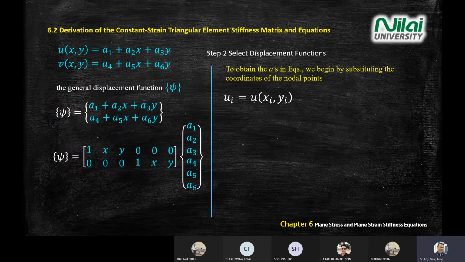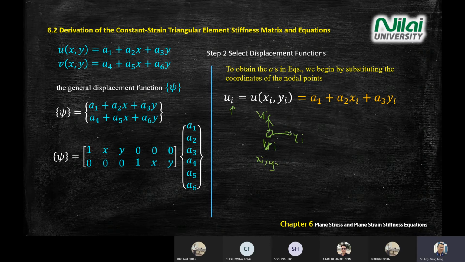You can write in this equation, meaning ui, the I point x direction displacement, it can move in x and y direction. So let's say this is your I point, you have two directions, you have ui and vi, and the location of I is xi and yi.